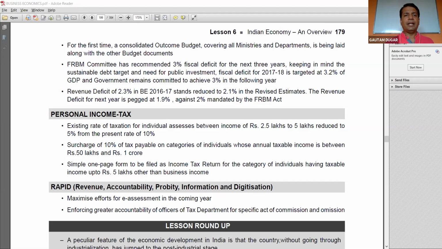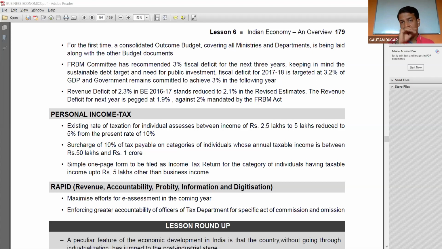First thing, always remember, economic development is a broader concept than economic growth. Economic growth is a narrow concept. Economic growth implies only growth in national income or per capita income. But economic development means, along with growth, there has to be an improvement in institutional facilities.